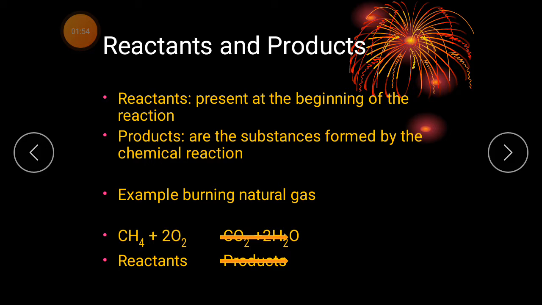Reactants and products. Let's discuss what are reactants and what are products. Students, reactants are present at the beginning of the reaction. For example, this arrow will be in the middle of this equation and these two compounds will be after the arrow. Reactants are present at the beginning of the reactions and products are the substances formed by the chemical reactions.